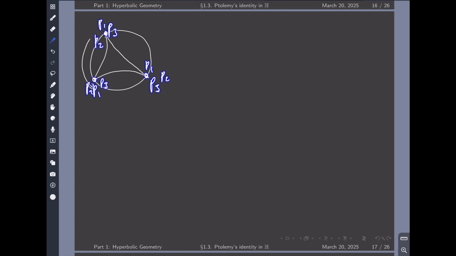By speaking about ordered triples of points lying on the circle at infinity and oriented counterclockwise. That's it. Then up to hyperbolic isometries.